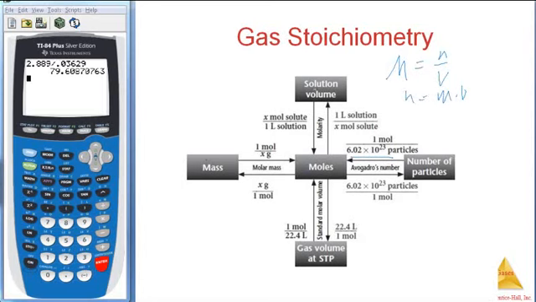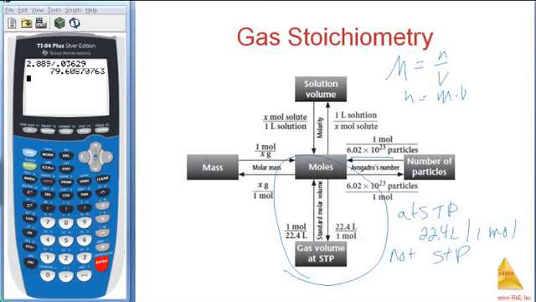So I can go back and forth between moles and molarity. But the one that we're going to focus on mostly here is if I'm at STP, I use the molar volume: 22.4 liters is 1 mole of any gas, right? And if I'm not at STP, I have to figure out my volume using PV equals nRT, or V equals nRT over P.